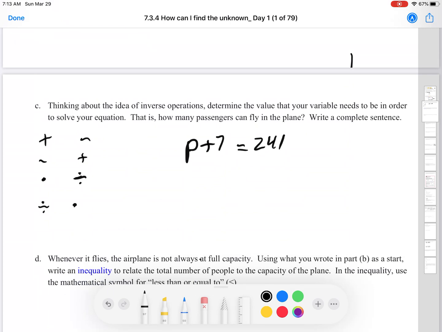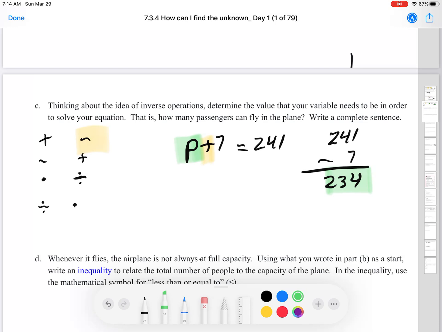If we think about inverse operations, the key is that plus means that I'm going to have to subtract. So you could think about it like this: 241 minus 7, that would be 234. Now, why in the world would we do that? Well, think about how that 234 would go right here.